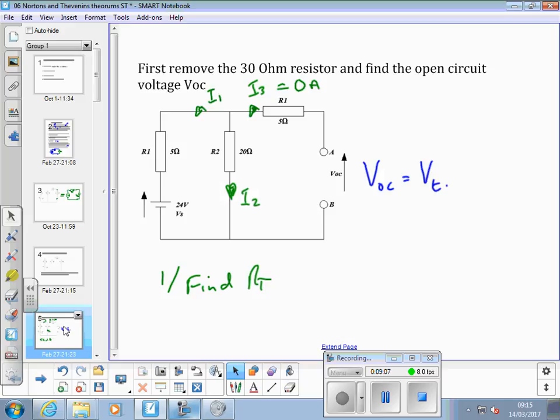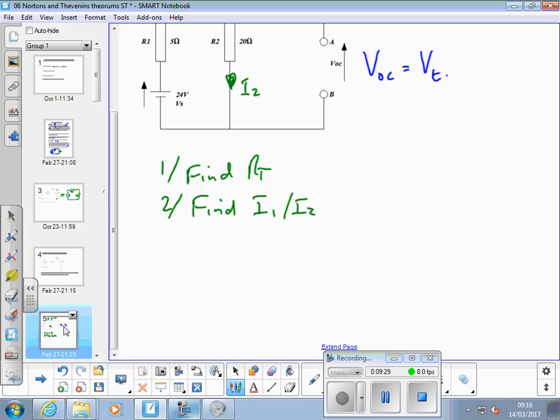So, actually, by finding I1, you're going to find I2 as well. So you can find I1, I2. What would that allow you to do?